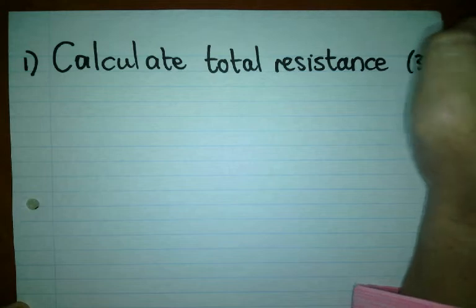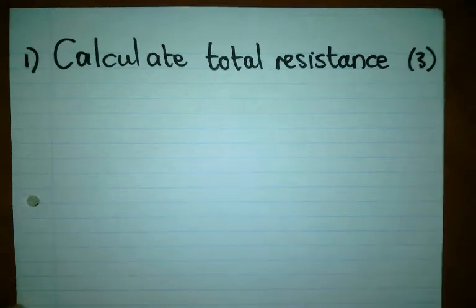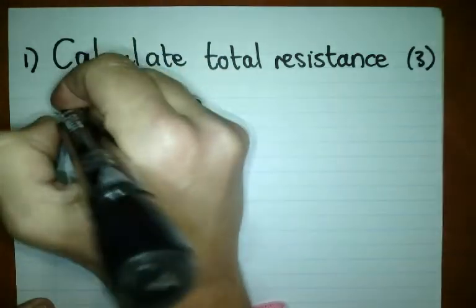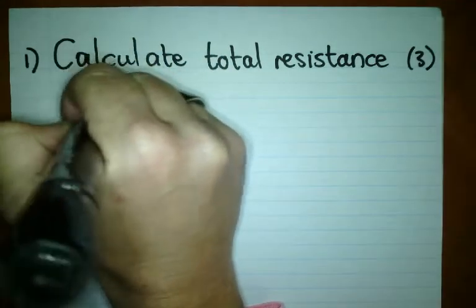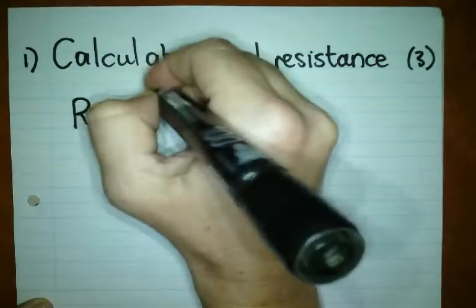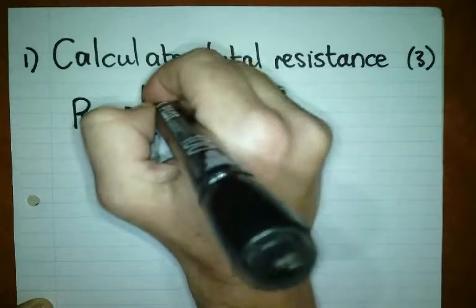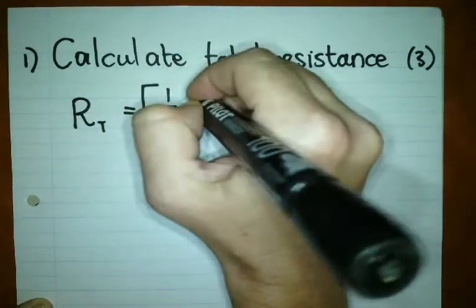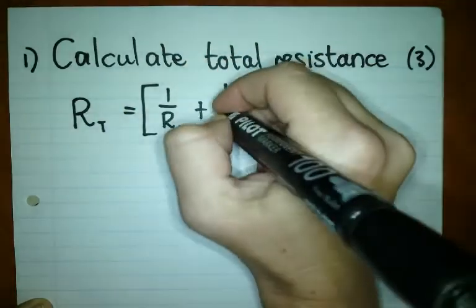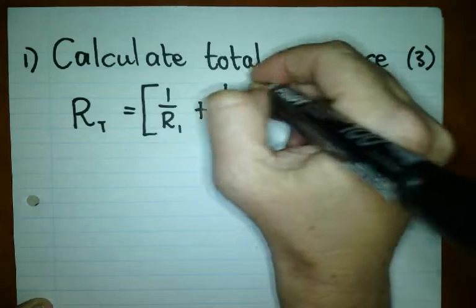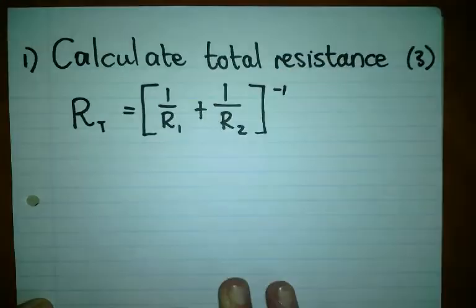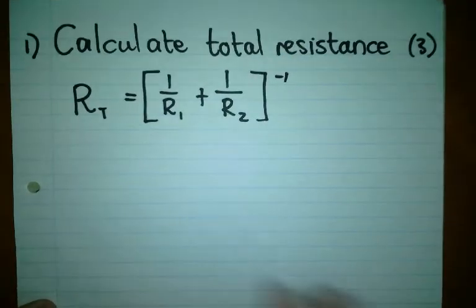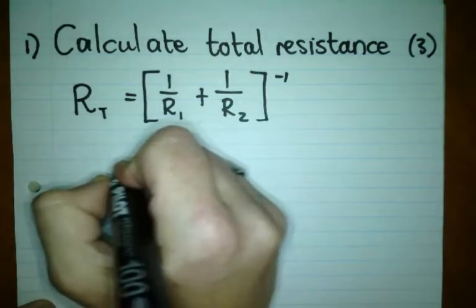And again, guys, just like for series circuits, it's going to be 3 marks. Okay, so we're going to write down the formula first. Right, then we are going to substitute into our formula.